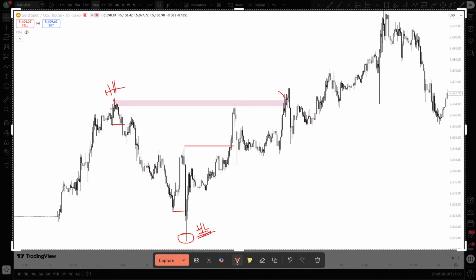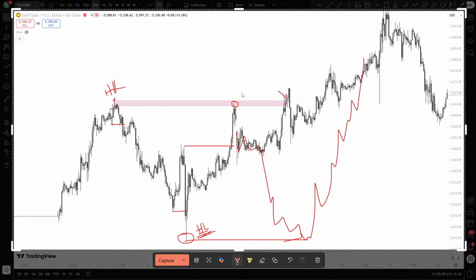So if the market keeps on moving just like this, and the market gives a rejection like this one, what would happen? The market can still come here and keep this. It becomes liquidity, and the market continues to go up.